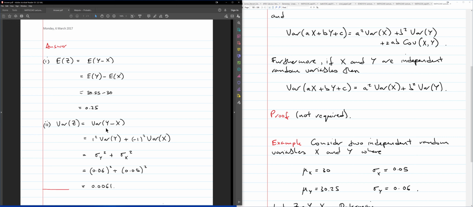Likewise over here, the coefficient for the y is 1, so you put that out in front, that's 1 squared, times the variance of y, plus this coefficient over here, which is -1 squared, times the variance of x.